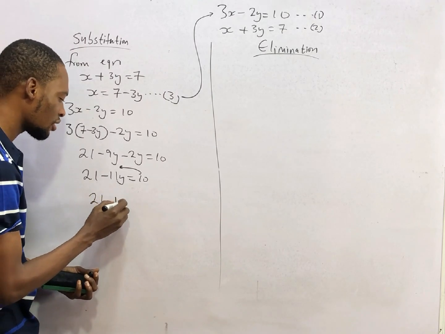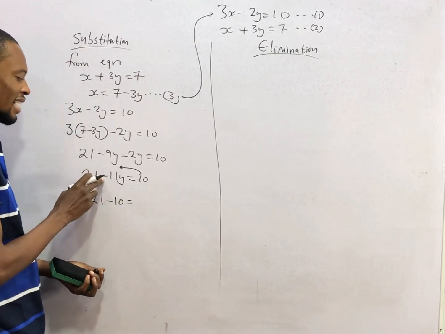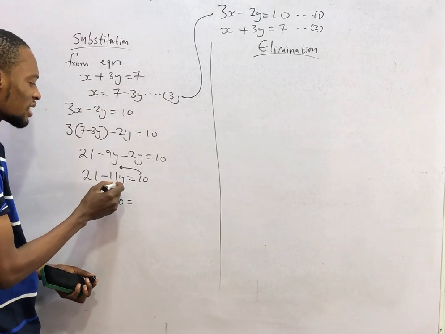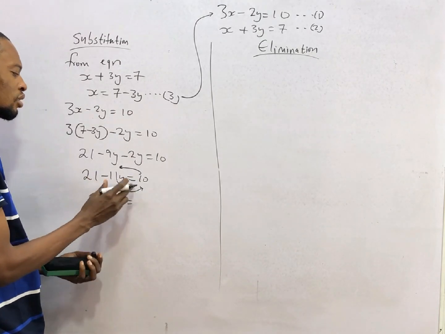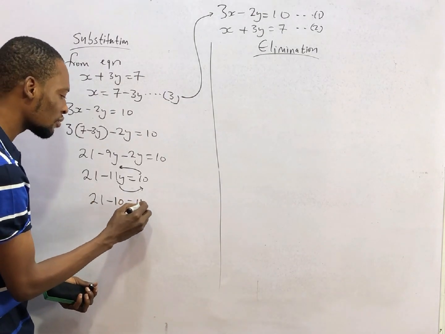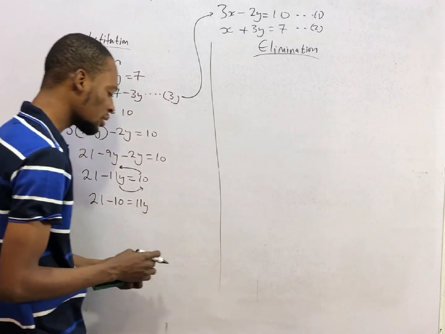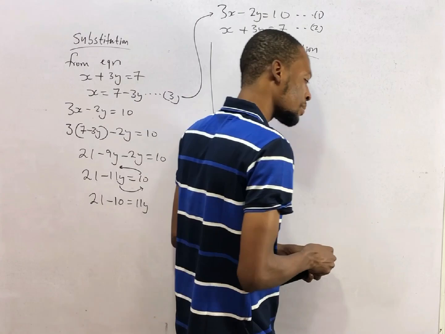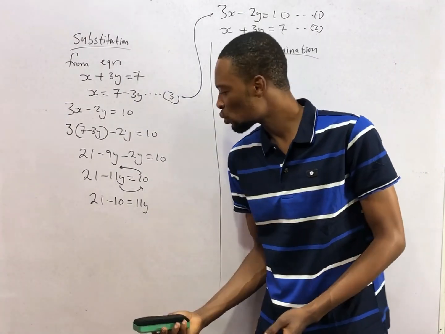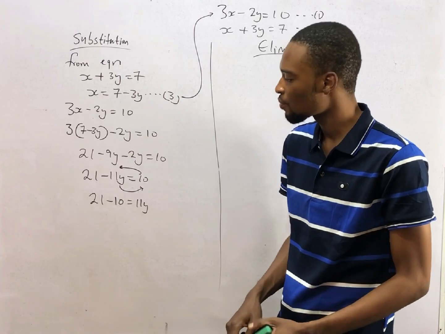So this is minus 10 equals minus 11y. If minus 11y crosses the equal sign to go to the other side, it becomes plus 11y. What have we done? We've collected like terms. The numbers without y on one side, the ones with y on the other side.